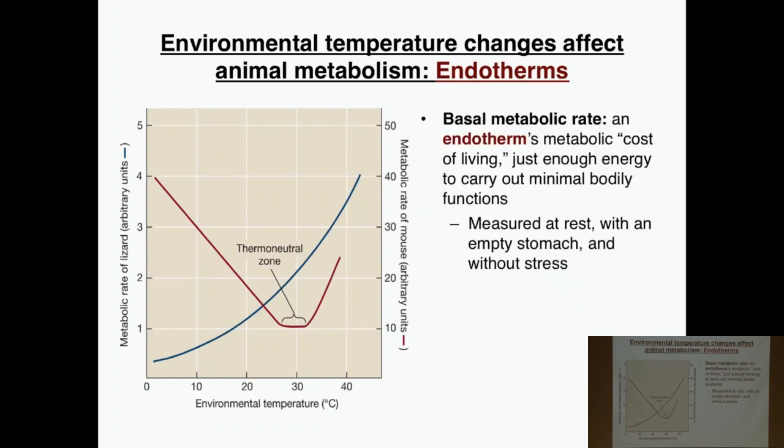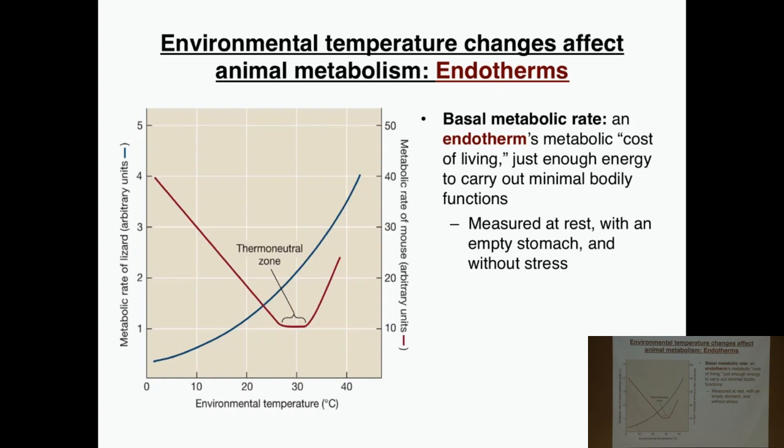In contrast, when it comes to endotherms, you first have to start out with what we call the basal metabolic rate. So that's an endotherm's metabolic cost of living. It's just the energy that they need to carry out minimal bodily functions, which include thermal regulation, digestion, respiration, etc. So this is measured at rest with an empty stomach and without stress.